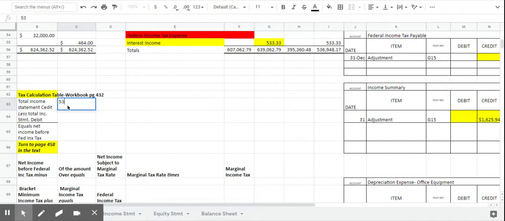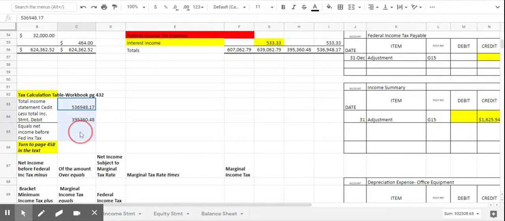So 536,948.17 less the debit side, 395,360.48.